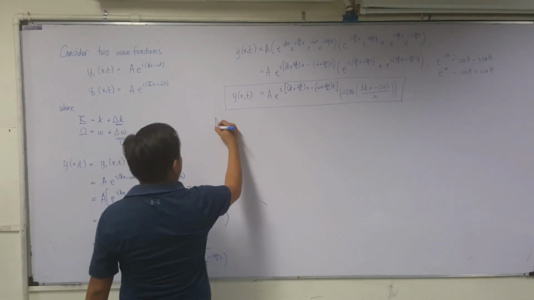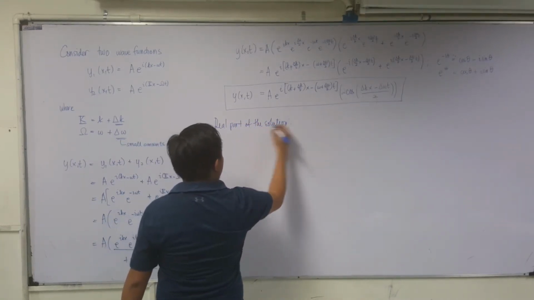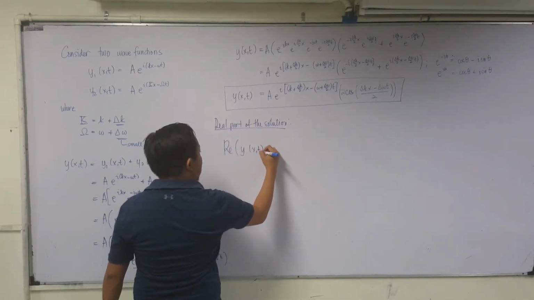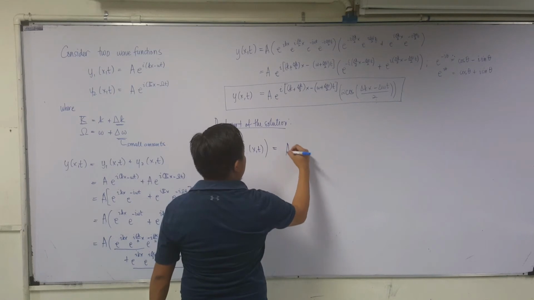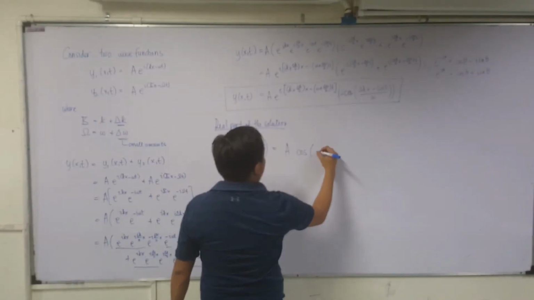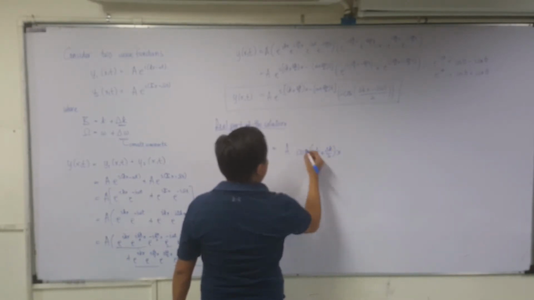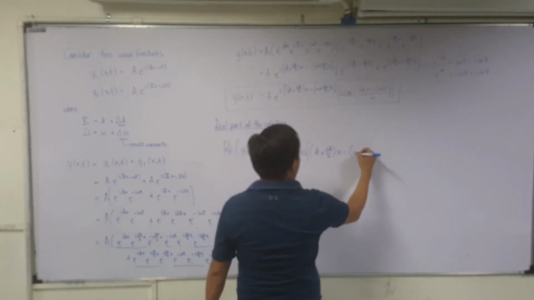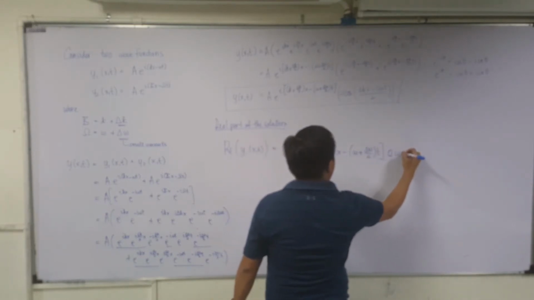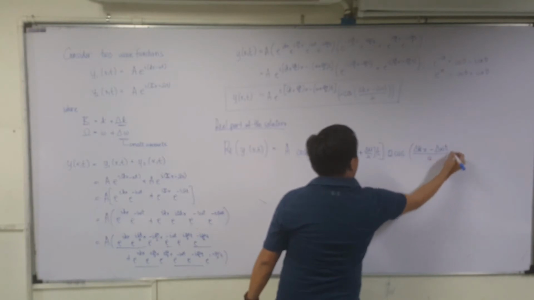So if we look at the real part of the solution, the real part of y as a function of x and t will be equal to A cosine of ((k plus delta k over 2)x minus (omega plus delta omega over 2)t) times 2 cosine of (delta k x minus delta omega t) divided by 2.